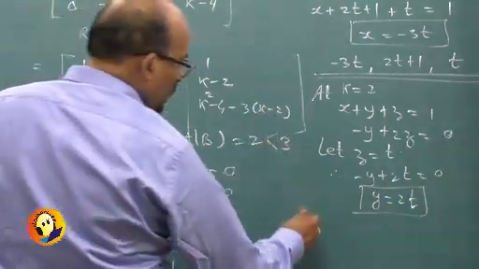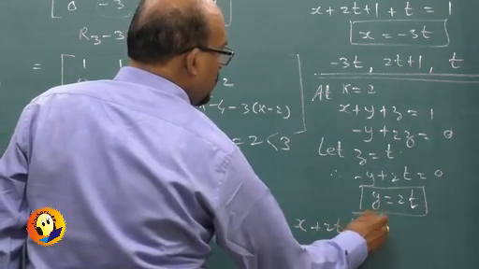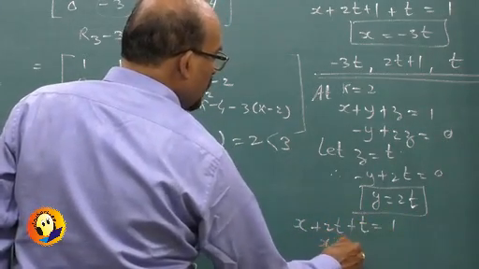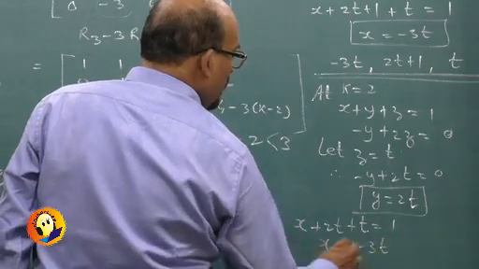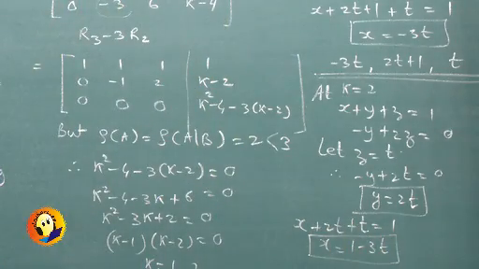And if we substitute in the first one, it is x plus 2t plus t equal to 1. So, x equal to 1 minus 3t. That will be the second set of solutions.